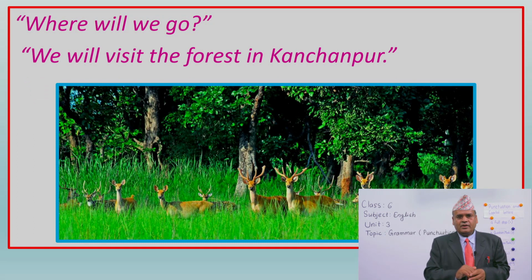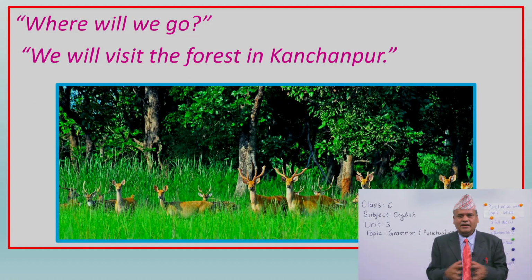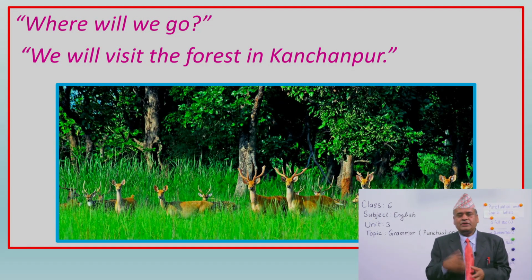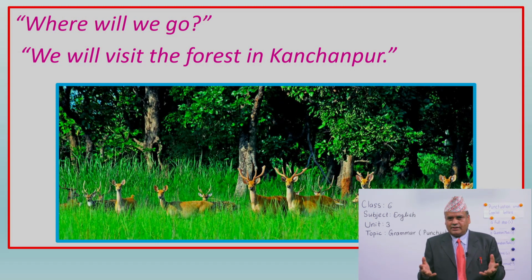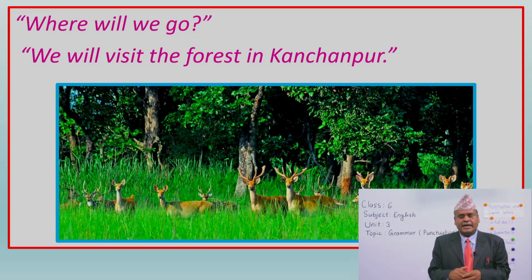So, we will visit the forest in Kanchanpur. Okay? So, if you go and see Sai Shukla Phanta, but nowadays it is just Shukla Phanta. Okay? So, if you go to see Shukla Phanta Wildlife Reserve, you can see such kind of animals there.